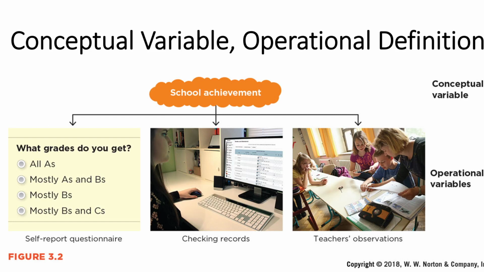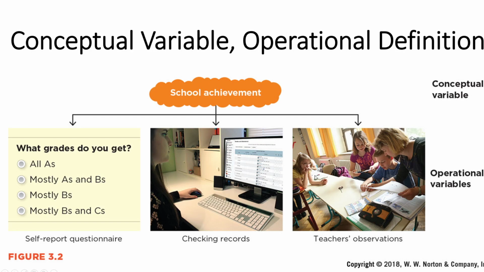Now we've talked about and seen some examples of how we can operationalize a definition, so how we can turn a conceptual variable into an operational definition, but we didn't really talk about what some of our options for doing this are. If you're trying to measure something abstract, something like happiness or depression or number of cars you own, which is less abstract, you have a couple of different ways that you can measure that.